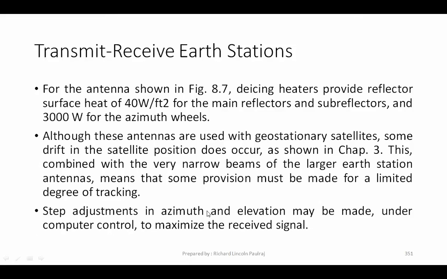A surface heat of about 40 watts per square foot is also used. The information with regards to heaters is shown here, where we can try and understand all this information. So just have a look at it.